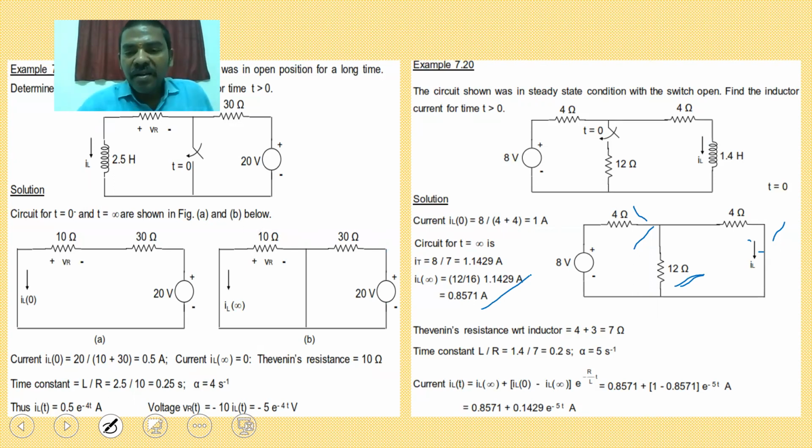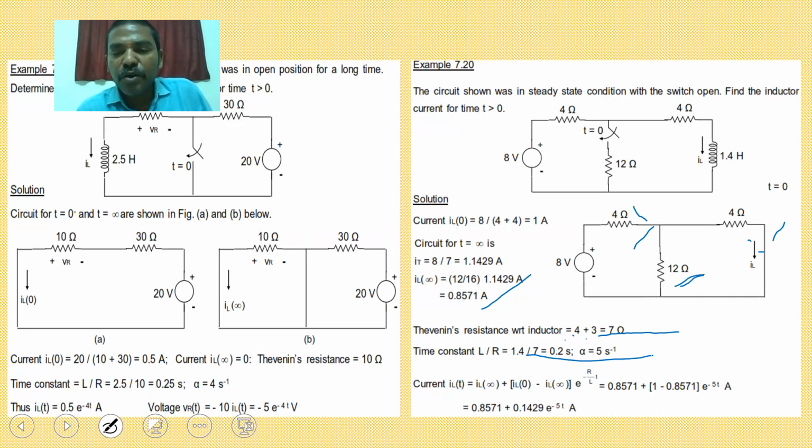So similarly, the Thevenin's resistance, I already told, 4 plus 12 into 4 divided by 12 plus 4, you are getting 7 ohms. So the time constant you are calculating, that is L by R. So L value is 1.4 divided by total resistance value 7.